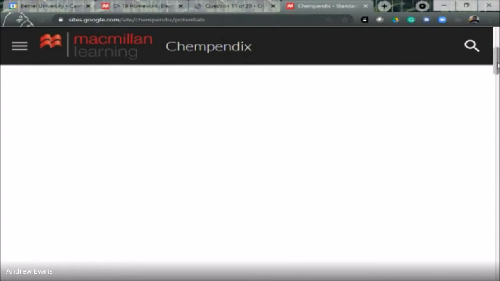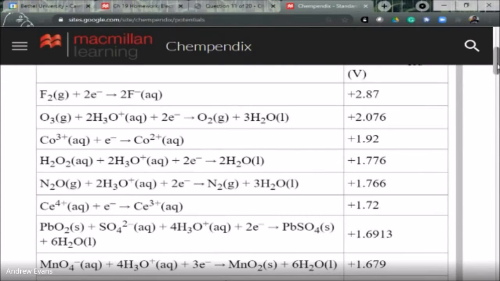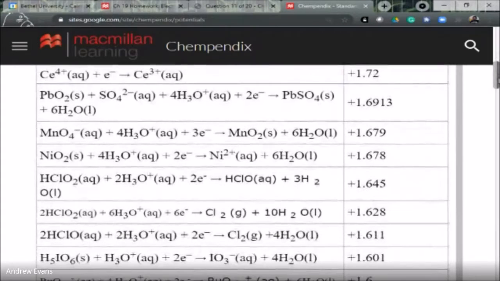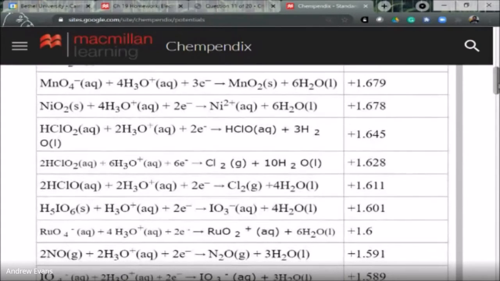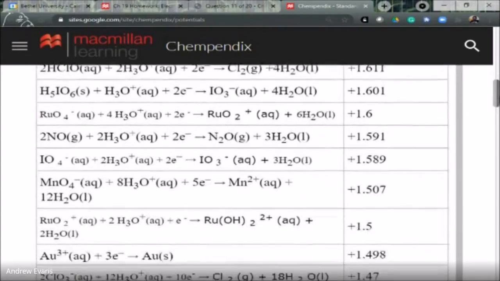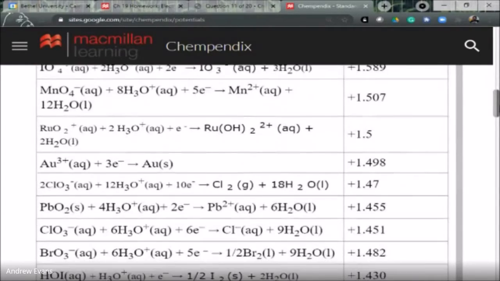Depending on what source you have, these may be in either alphabetical order or in order of size. So you just have to keep scrolling until you find the one you want.